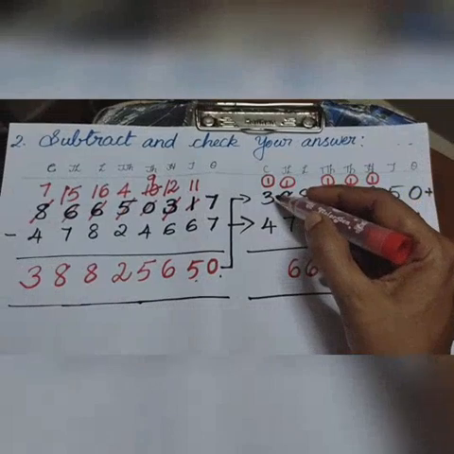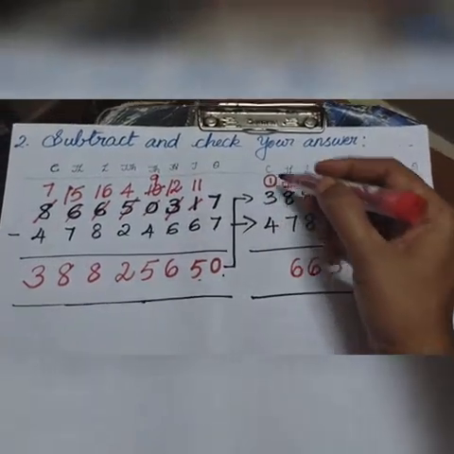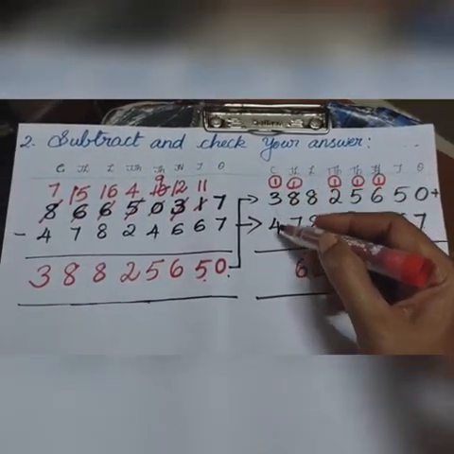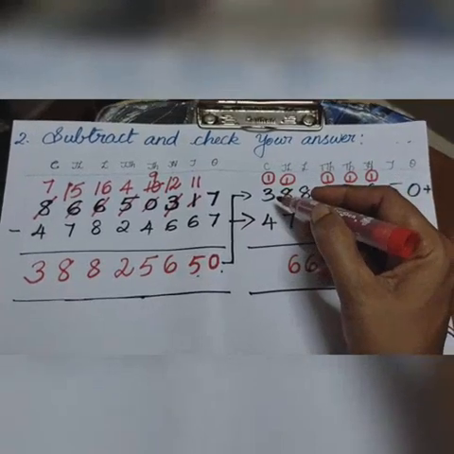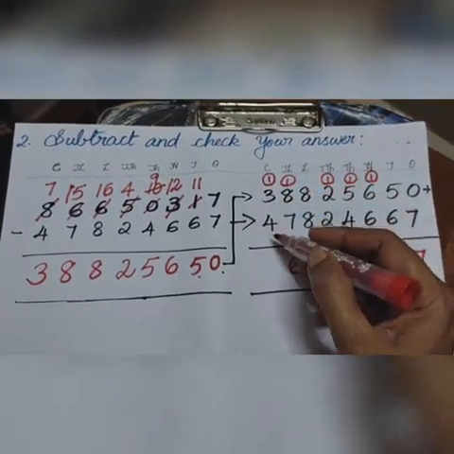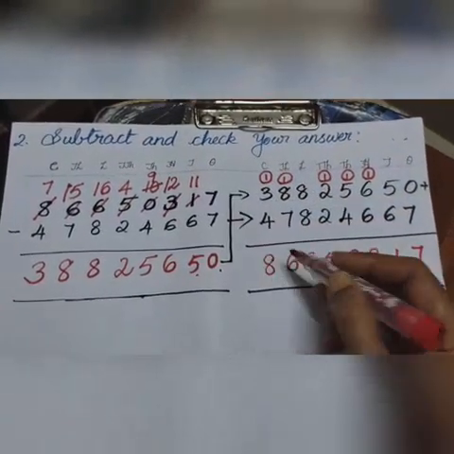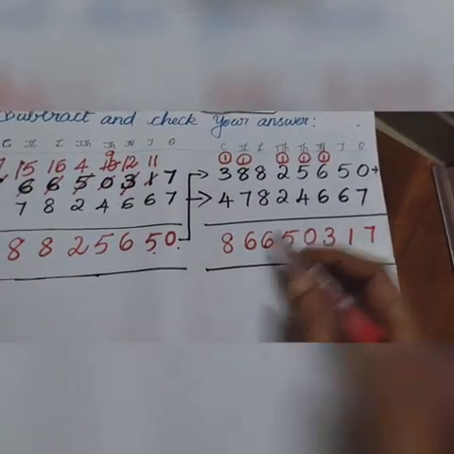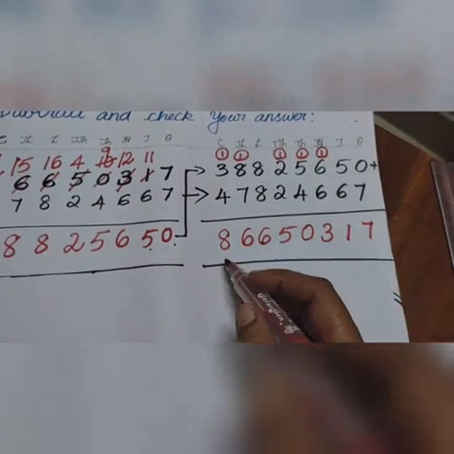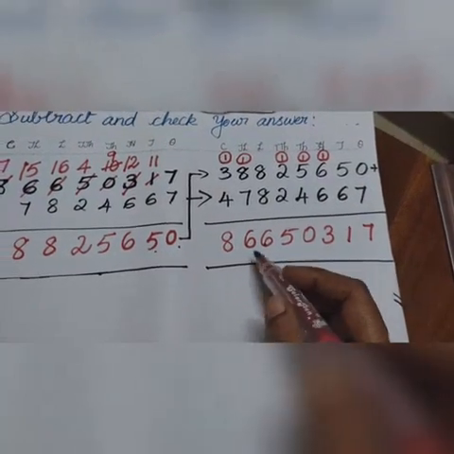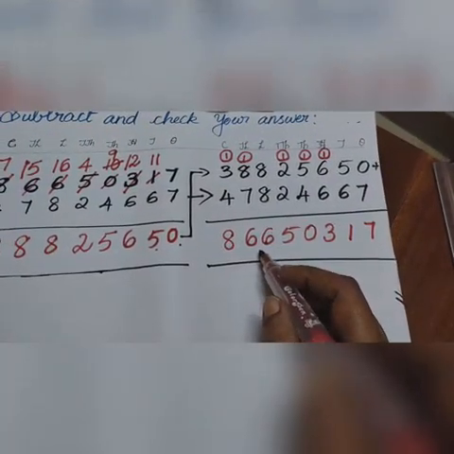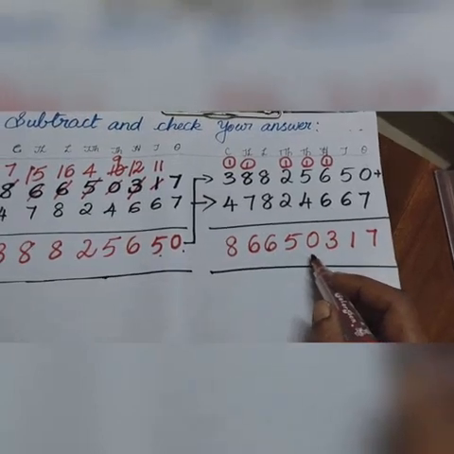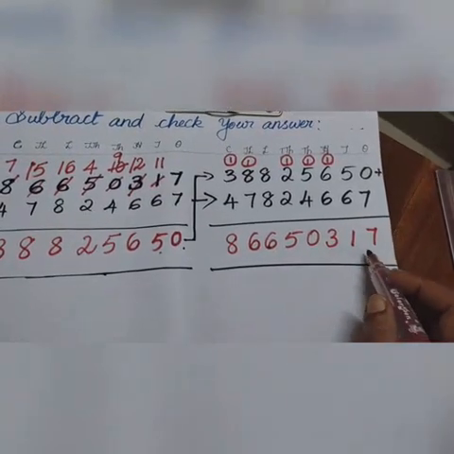Okay, 1 plus 3 plus 4. In crore period, 1 plus 3 plus 4. What is 1 plus 3? Yes, 4. 4 plus 4? Yes, 8. Okay, children, now we got the sum. After adding these two numbers, we got the sum: 8 crore, 66 lakhs, 50,000, 317.